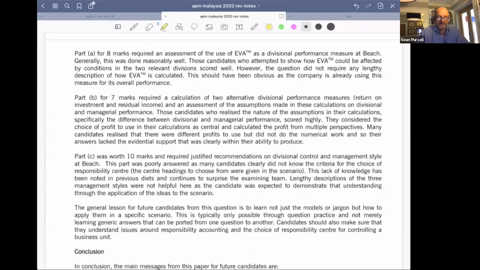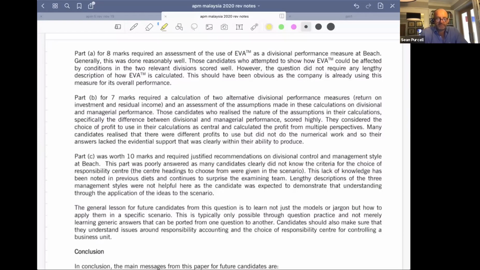So this is what I keep saying. Students on APM are not very good at the numbers, and this part was poorly answered as people didn't know about responsibility centers. This has actually been demonstrated by students previously, and the examining team can't quite believe it, but it's evident that students aren't very good at it.